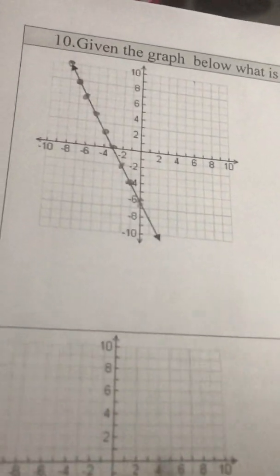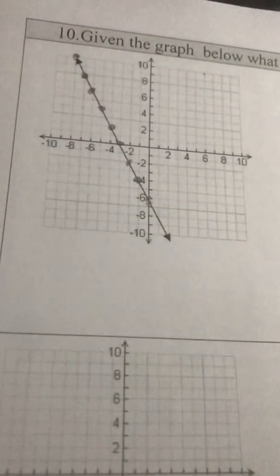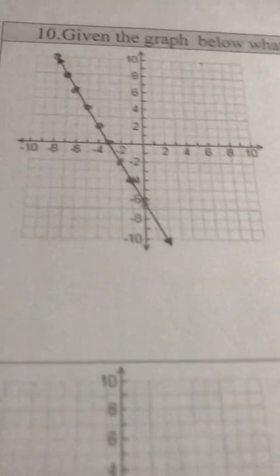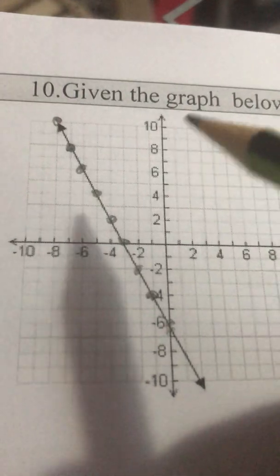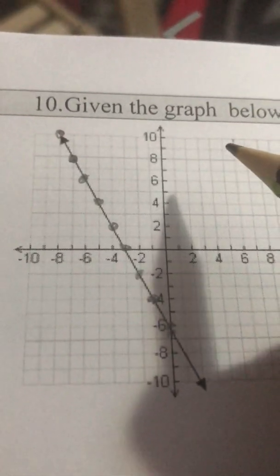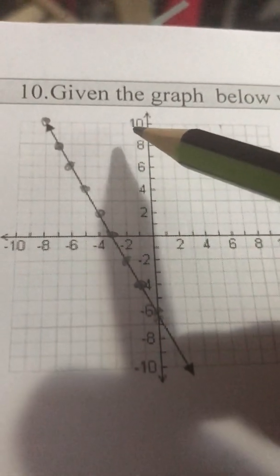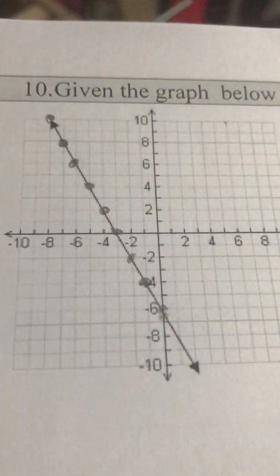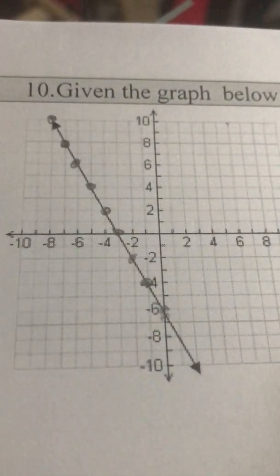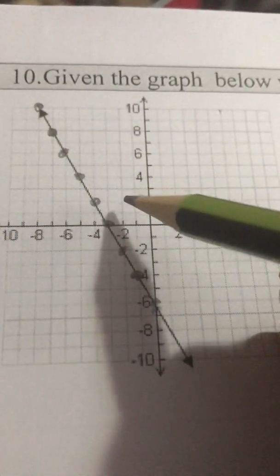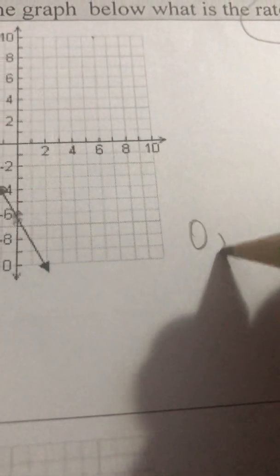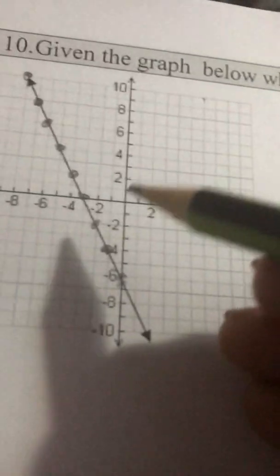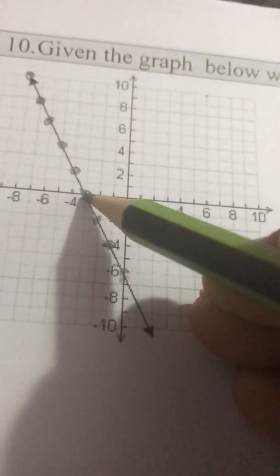Okay. But if I didn't know, then I will calculate using point slope or slope intercept form. Then I can do my formula. I don't like doing rise over run because I can make a mistake. But if you are confident with rise over run, then you do rise over run. So since I know it is (0, -6), then I'm going to use this one, (-3, 0).